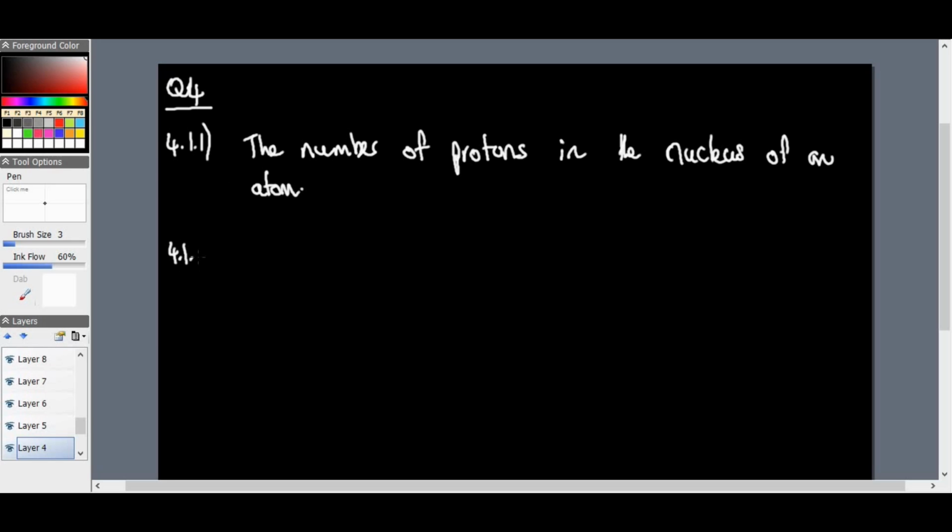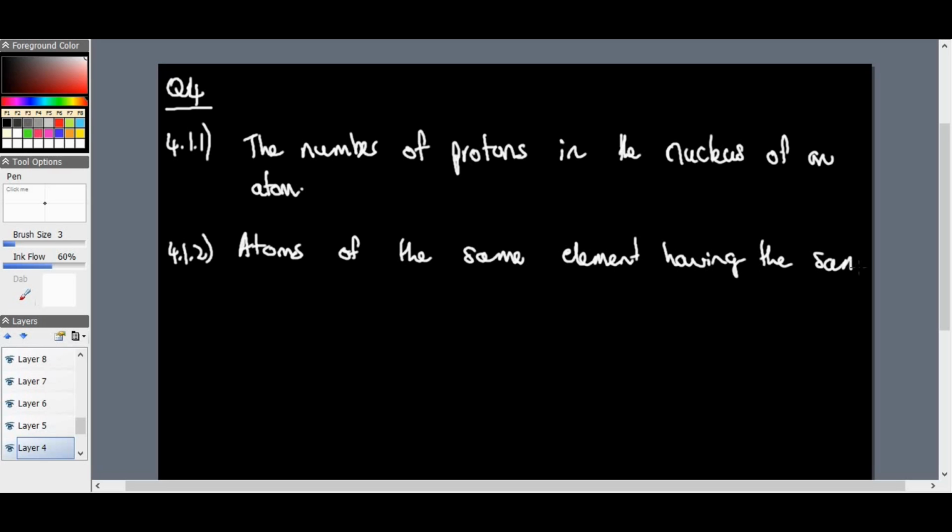Cool. And then 4.1.2, which I'm not sure if you need to know this year because I haven't come across it in the syllabus, but isotopes: this is an atom or atoms of the same element having the same number of protons, but a different number of neutrons.